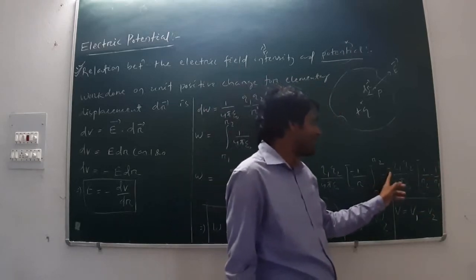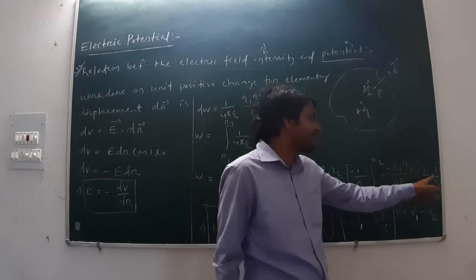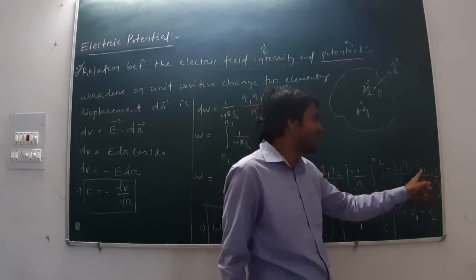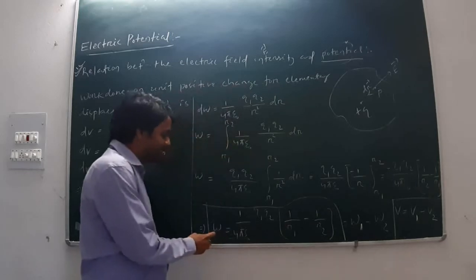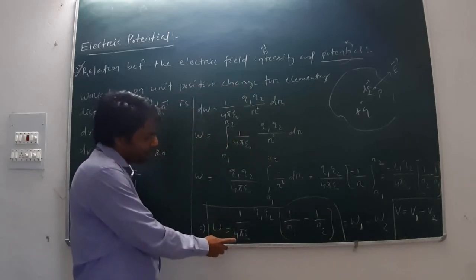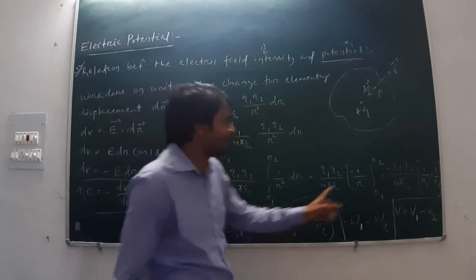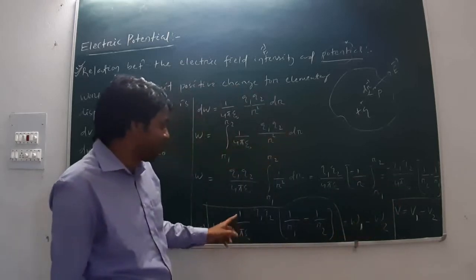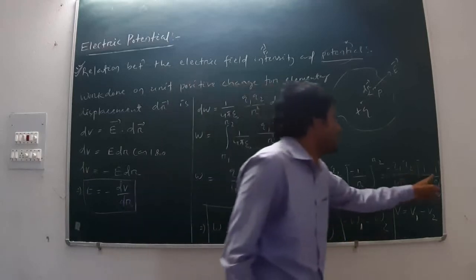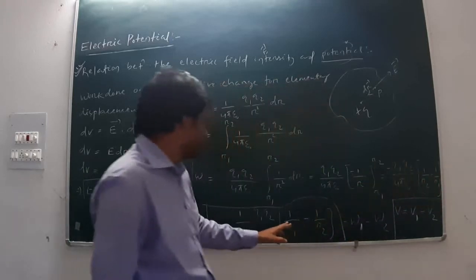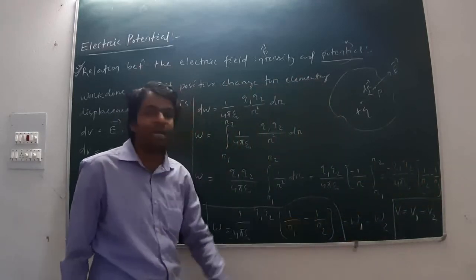Taking the negative inside, it becomes W is equal to 1 by 4 pi epsilon naught q1 q2 whole into 1 by r1 minus 1 by r2.